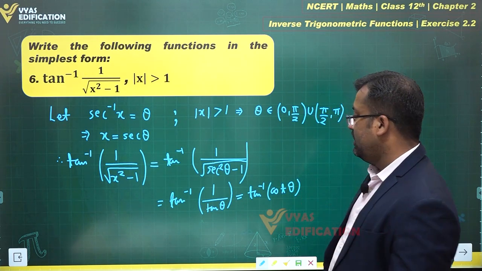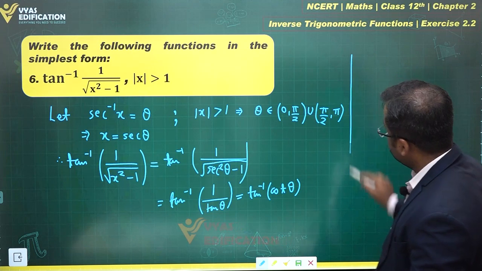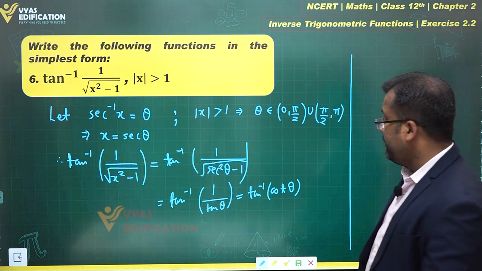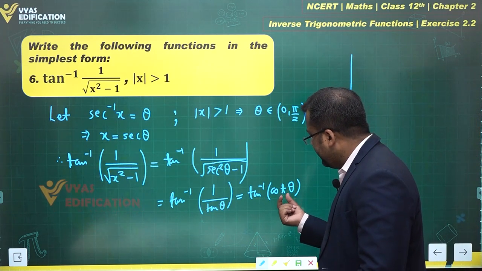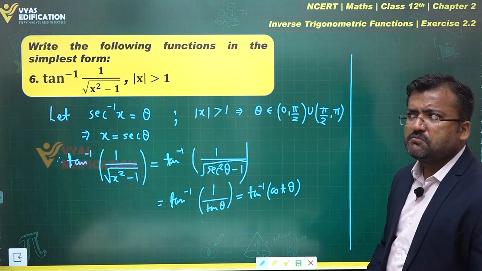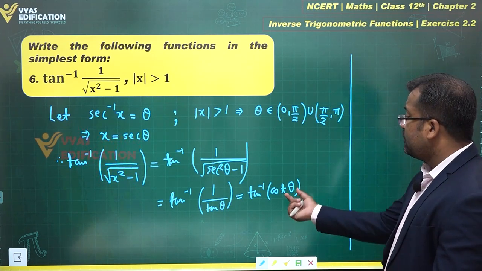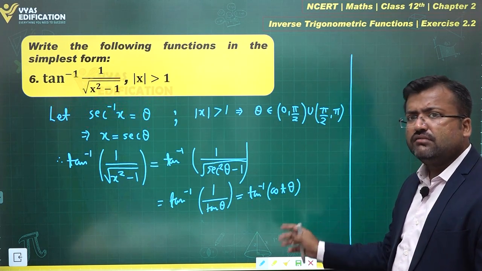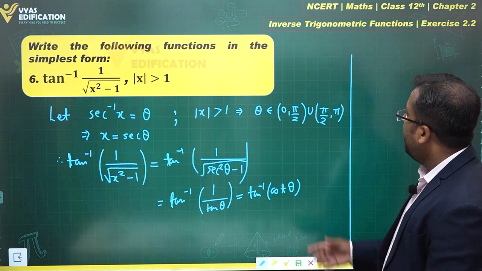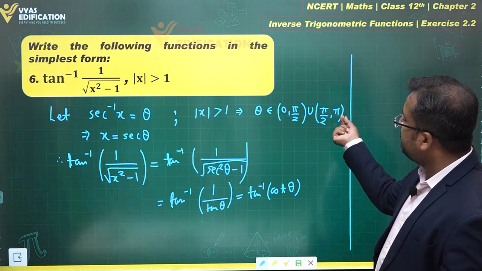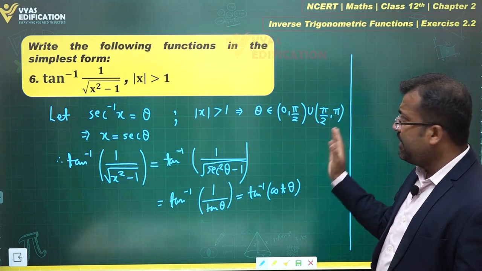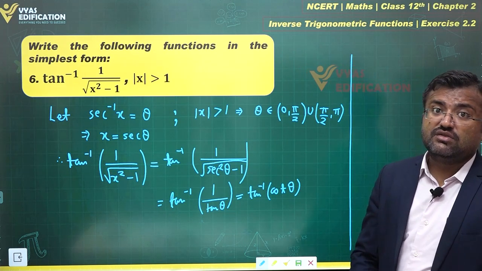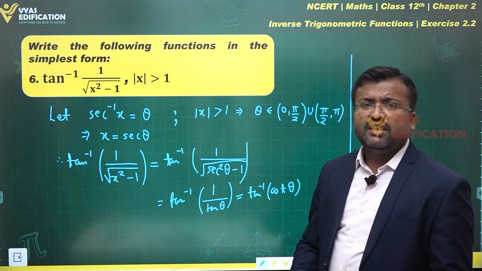Pretty interesting. What will happen to this tan inverse of cot theta? If you observe carefully, converting this in terms of tan can be done. This cot theta can be written as tan of pi by 2 minus theta. So we will get tan inverse of tan of pi by 2 minus theta, and pi by 2 minus theta will lie in the interval minus pi by 2 to pi by 2, wherein we can define it very easily.